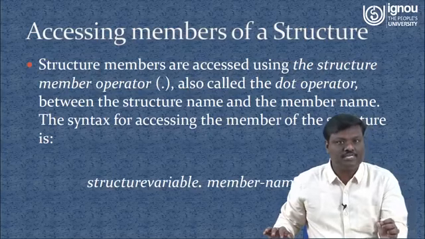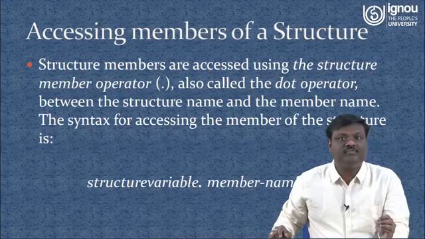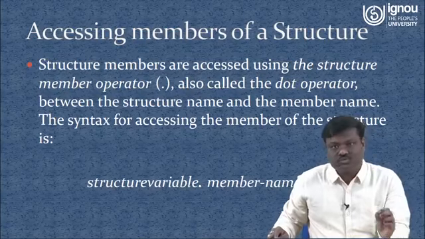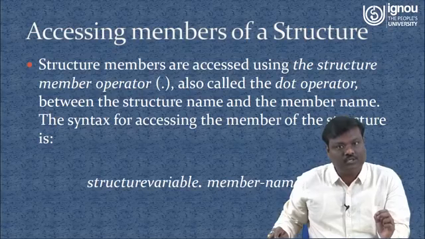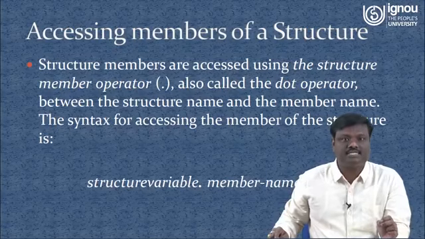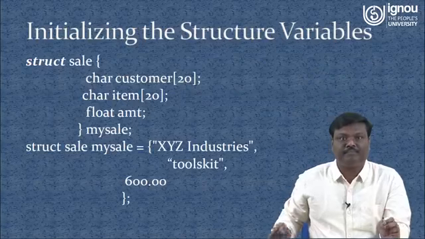Suppose if employee is there and the variables are emp1, emp2, emp3 and id is there, then emp1 dot id, emp2 dot id, emp3 dot id are the various things you will be accessing. So remember that in order to access the member of a structure, the dot operator is necessary between the structure variable and the member name.